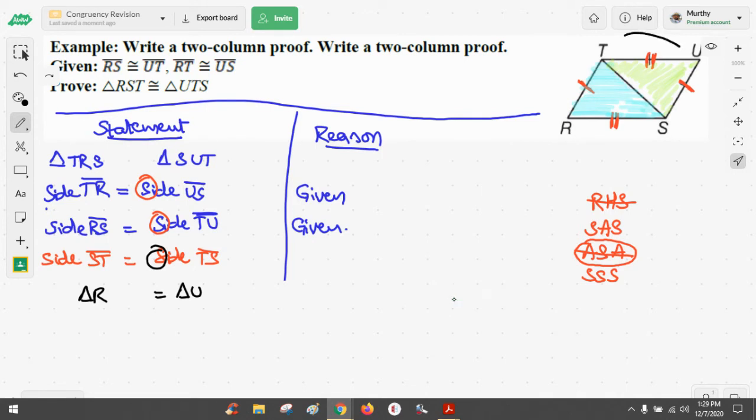Yes. Then the next letter is T. So it is RST, and here I have to go clockwise, UTS. Therefore, these two are congruent. I'm done with this question.